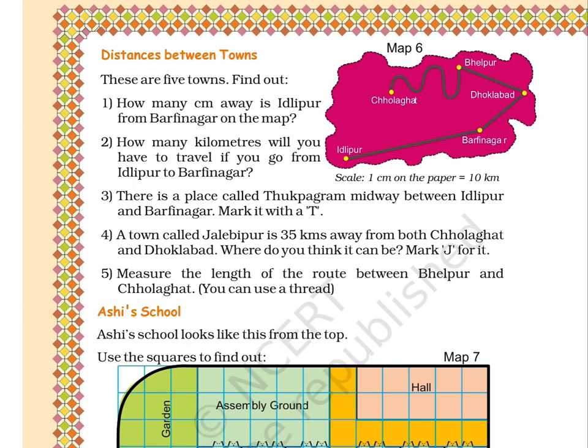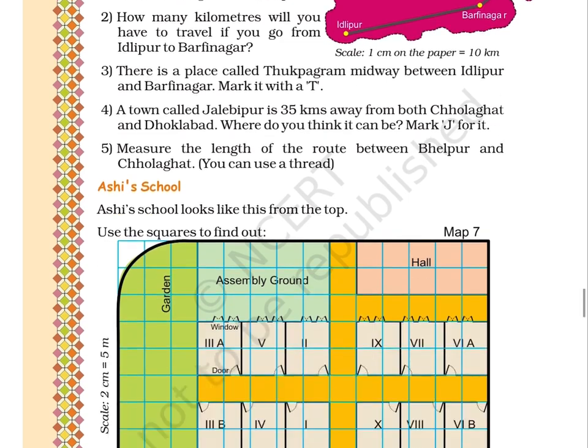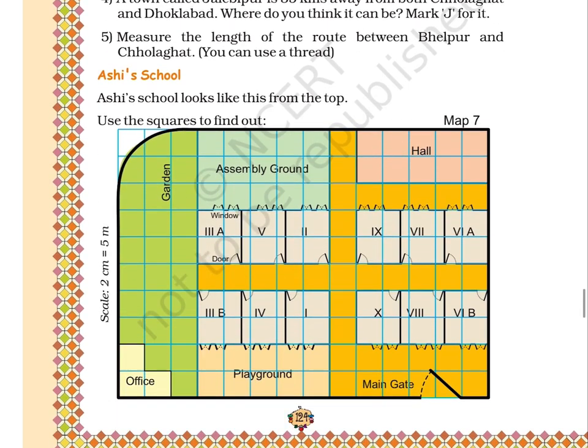Ashi's School. Ashi's School looks like this from the top. We have a picture titled Map 7 which shows Ashi's School as seen from the top. The scale of the map is 2 centimeters is equal to 5 meters.